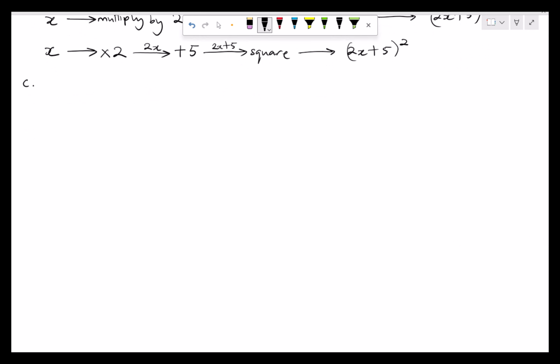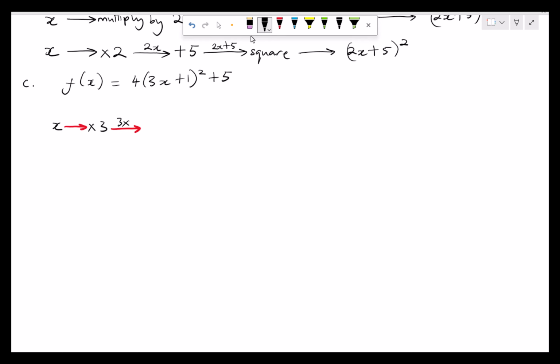And we have f of x is equal to 4 multiplying 3x plus 1 squared plus 5. So this is a bit long, hence I'm going to use the shorter notation. Remember, we always start with x, right? So let me use a different color. We started off with x, and we multiplied it by 3, and we got 3x.